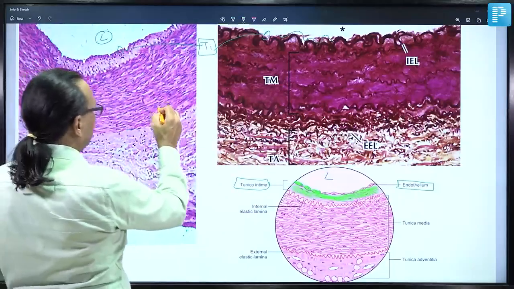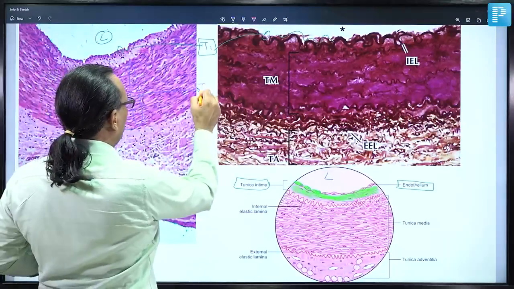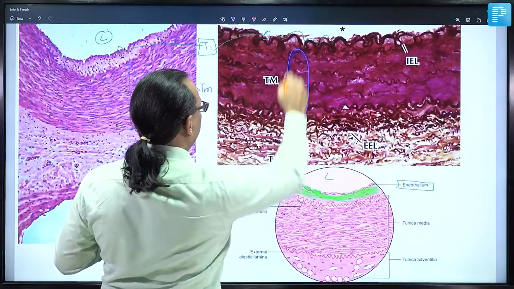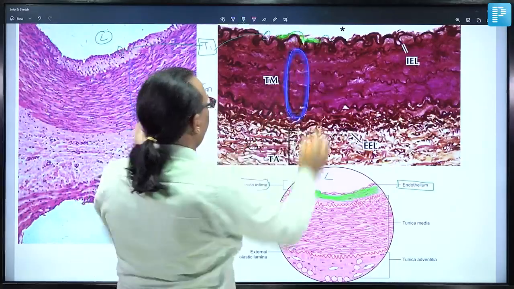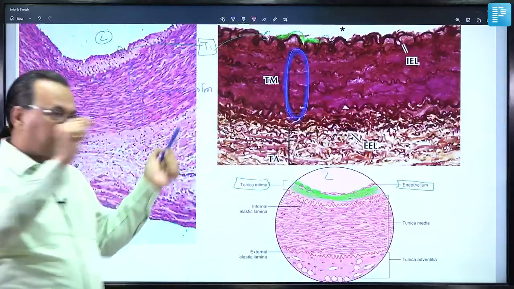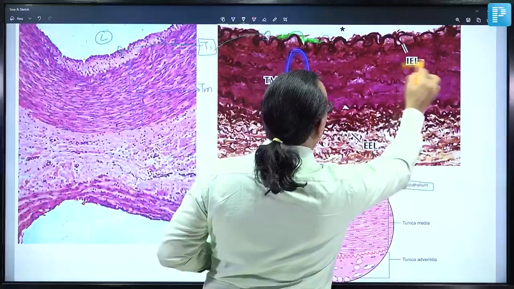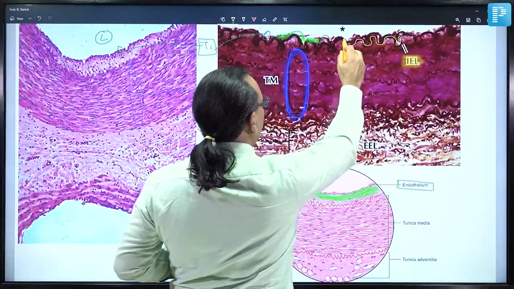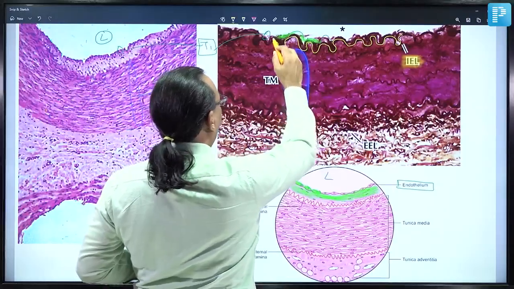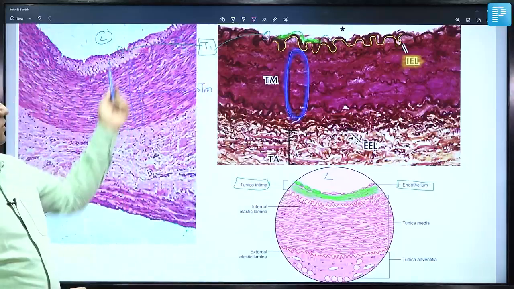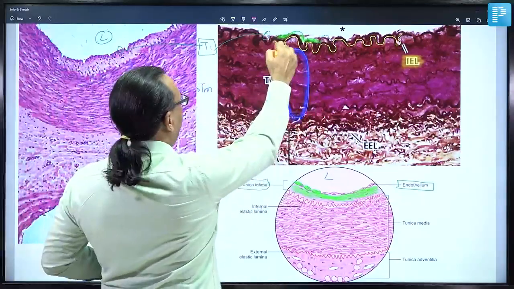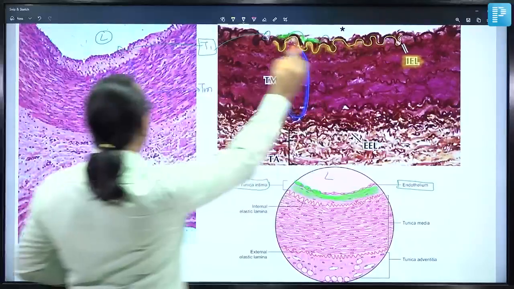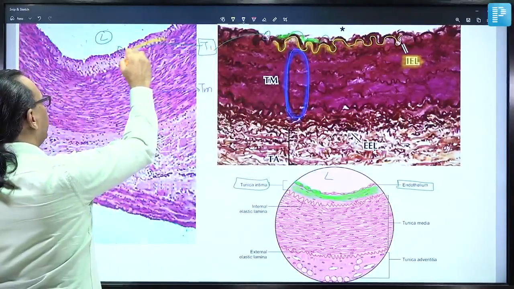As you talk about significantly larger vessels, you will notice at the junction of tunica media and tunica intima, there is one internal elastic lamina. And that internal elastic lamina, as you can see, is made up of elastic fibers. So it is the boundary line of tunica intima and tunica media. It will be fenestrated also.